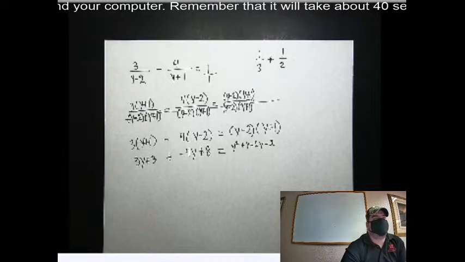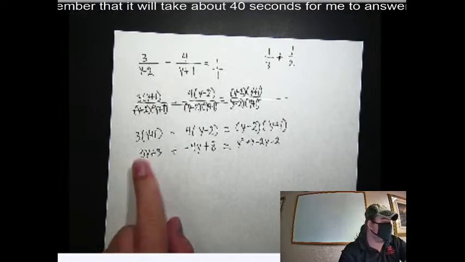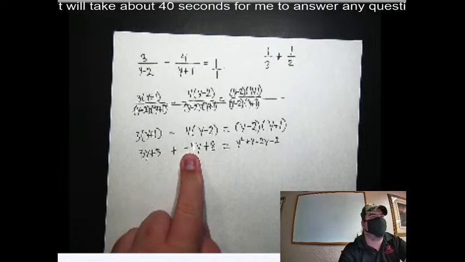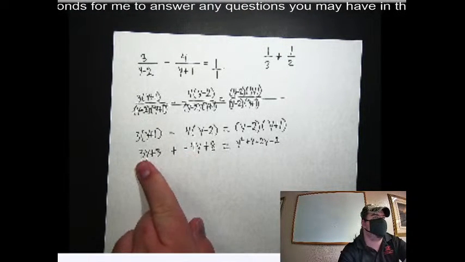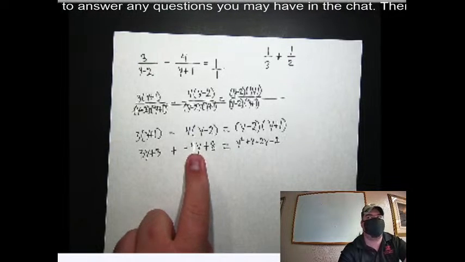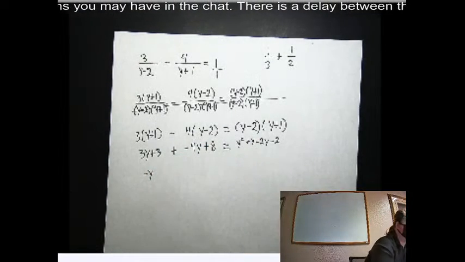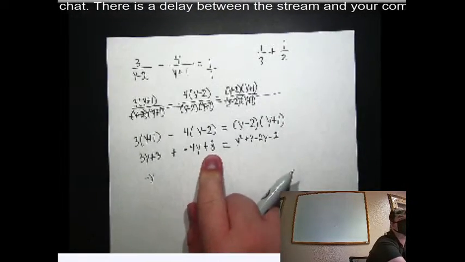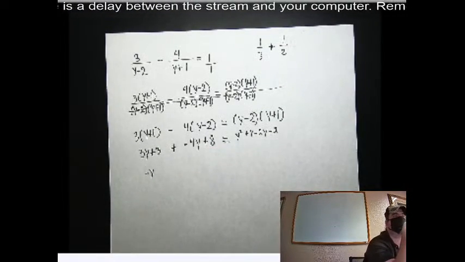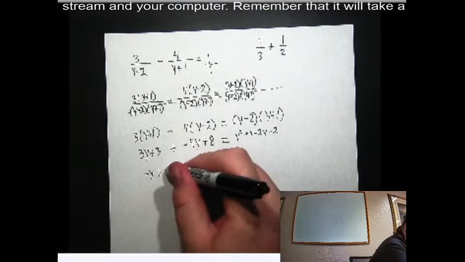So let's start combining like terms. We've got 3y minus 4y. How many y do we have? 3 minus 4, negative 1, so negative y. Okay? Then we have 3 and 8, so together they make what? 11?